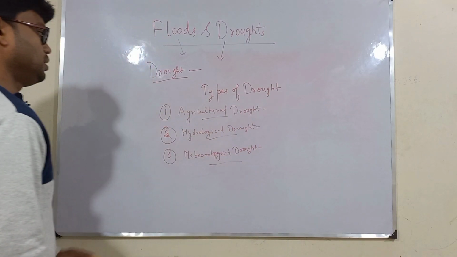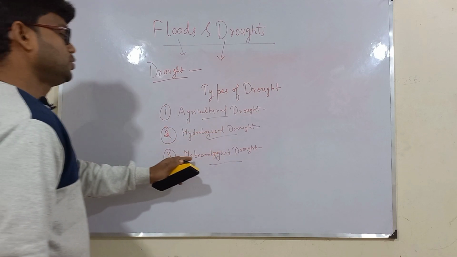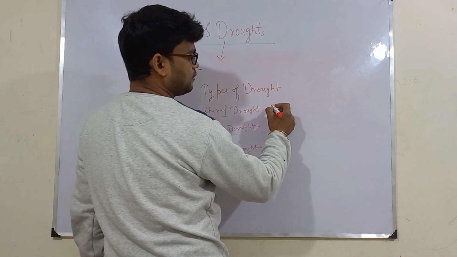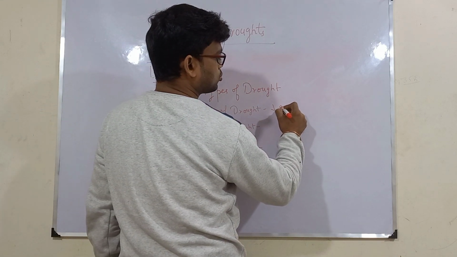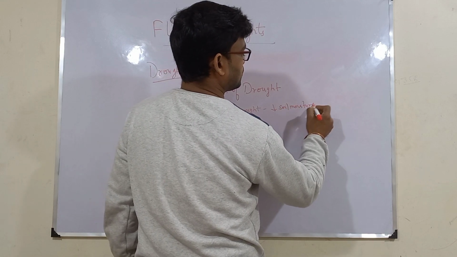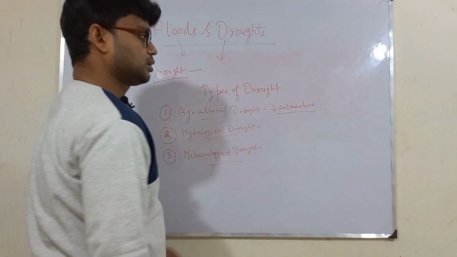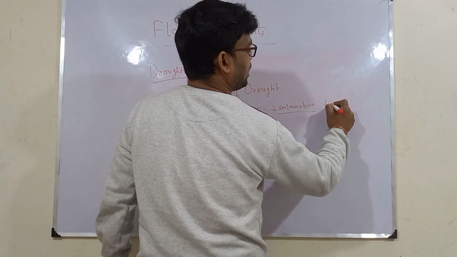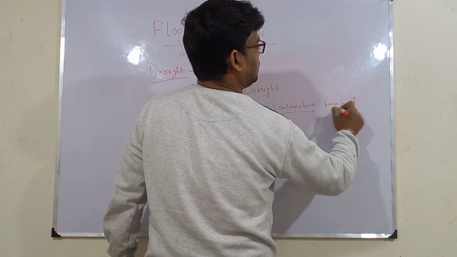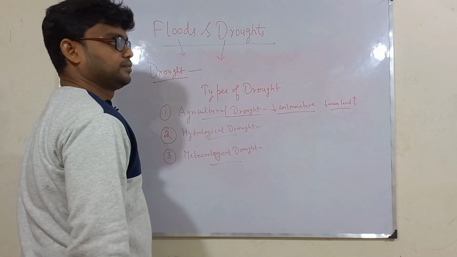Remember these three types of drought: agricultural drought, hydrological drought, and meteorological drought. Now, what is agricultural drought? This mainly refers to decrease in the soil moisture content. Now, when the soil moisture content decreases, the land gets converted into barren land, and this then leads to agricultural drought-like situation.